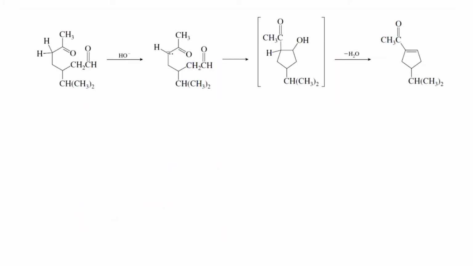The next step, again, is an example of an intramolecular aldol reaction. Here you will get the formation of this enolate as shown. You have this keto form, which is going to get deprotonated, and you will form an enolate as shown in this diagram.